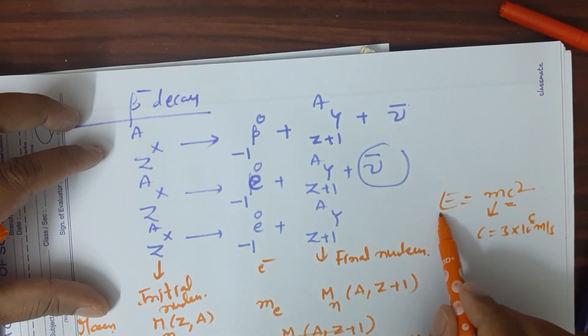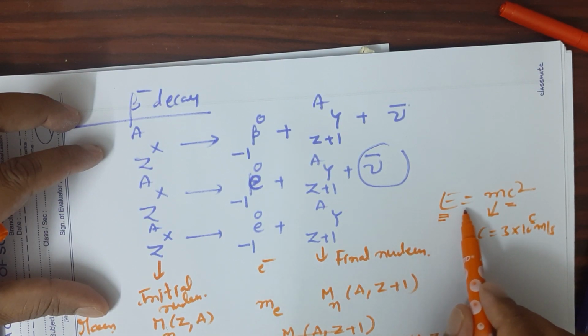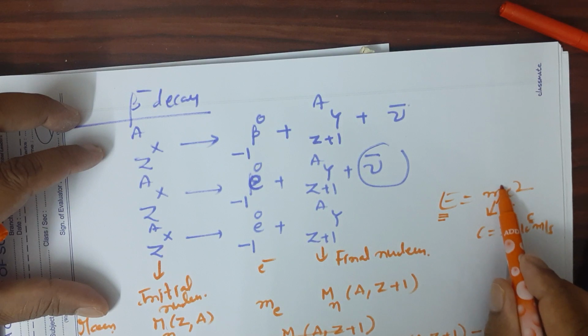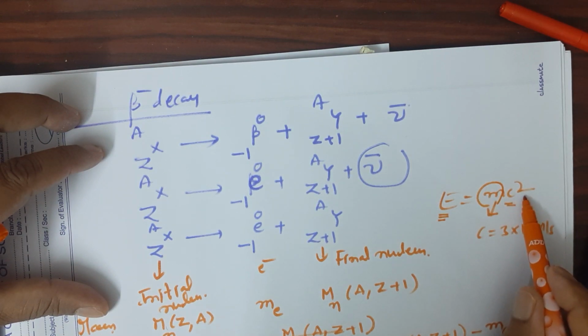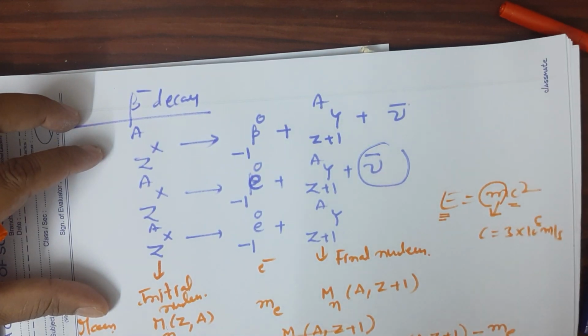So the energy liberated or absorbed in any process is equal to m into c square. For the delta mass, the equivalent energy is called disintegration energy, Q beta minus, equal to delta m into c square.